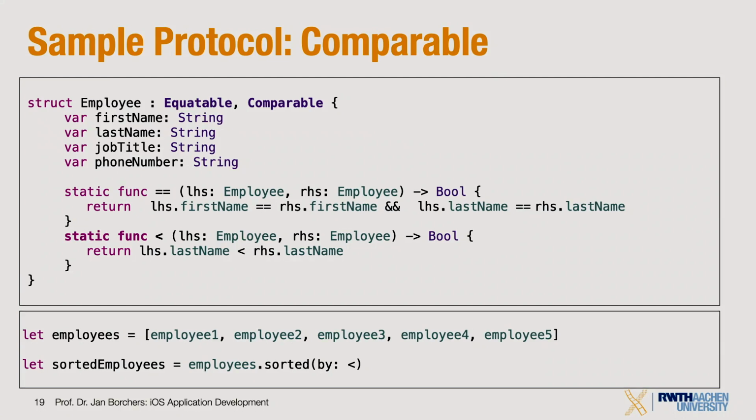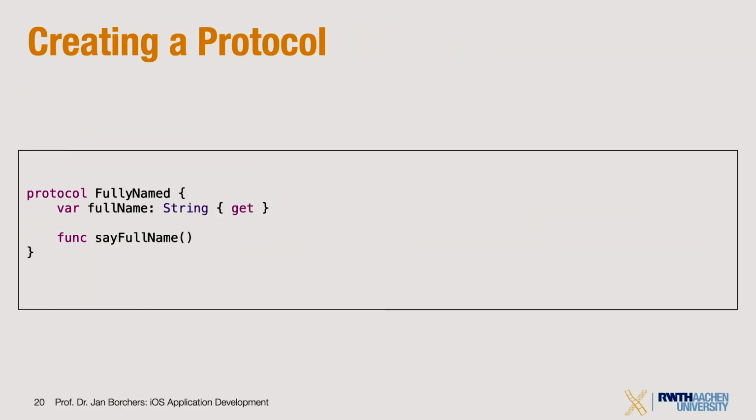Now, you might want to create your own protocol as well, right? So how do you create a protocol? This is an example for a protocol called fully named. Whatever we might want to apply that to, maybe we've got a person record with first names and last names, and we want to make sure that the person is under certain conditions. I want them to adhere to the fully named protocol.